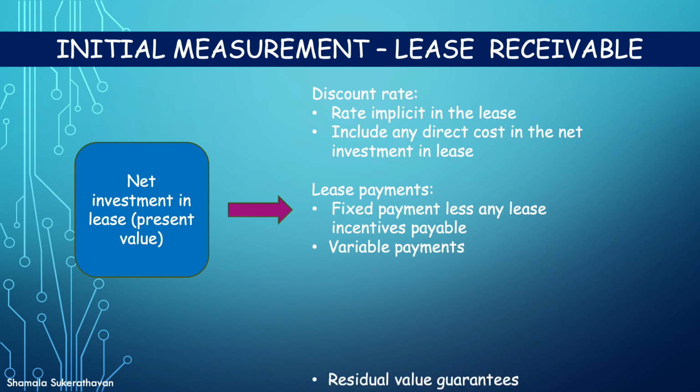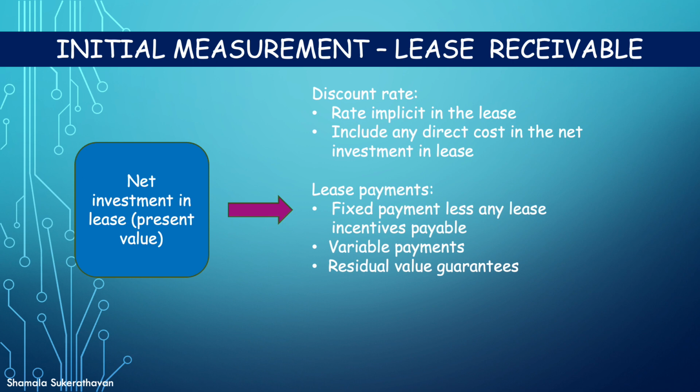Amounts expected to be payable by the lessee under residual value guarantees. 4. If the lessee is reasonably certain to exercise the option to purchase the asset, then the exercise price of the option shall be included. 5. Termination penalties if the lease term reflects the expectation that these will be incurred.